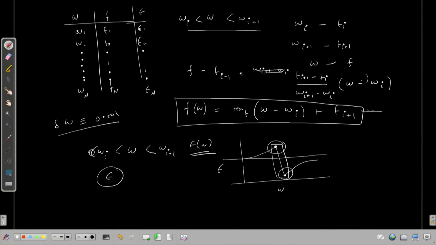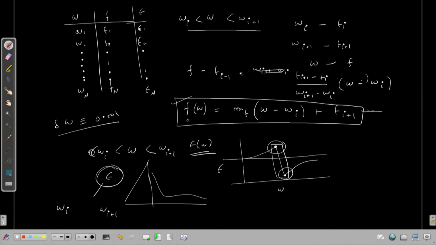in general, f omega is definitely a continuously changing curve. For this you can have the linear approximation, but while calculating the phase, normally what we do is take the phase at either omega I or omega I plus 1.